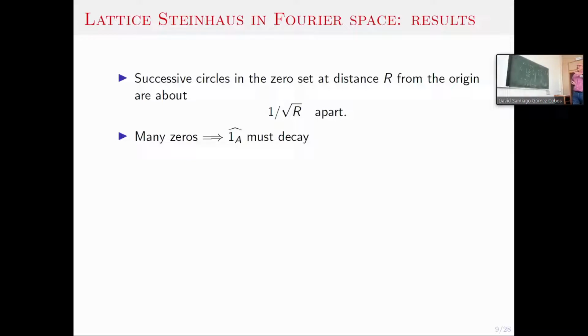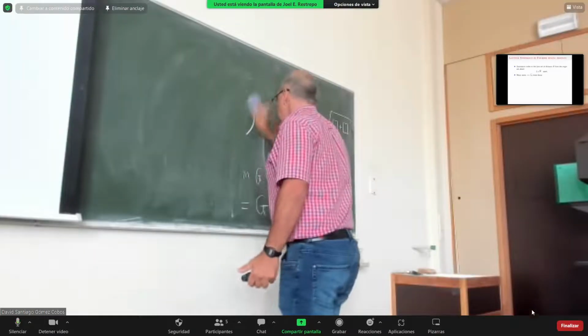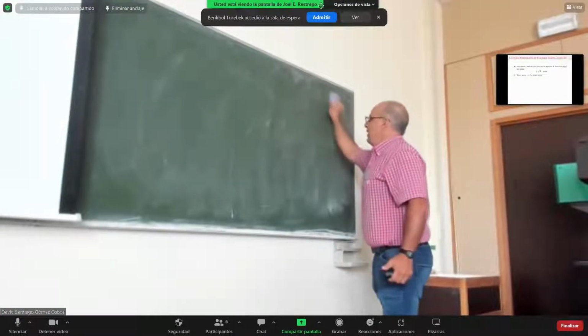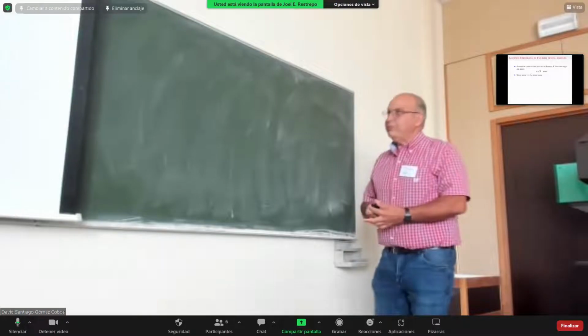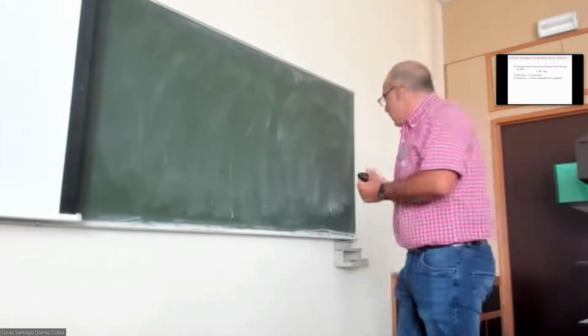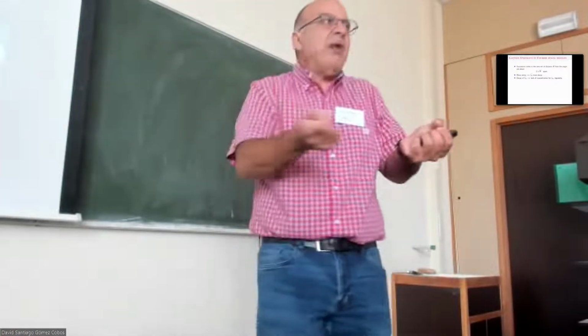Now, since you have many zeros for f hat, what are those many zeros? All those circles centered at the origin that go through an arbitrary lattice point. My f hat vanishes at all those zeros. The vanishing matters since f hat has bounded derivatives.